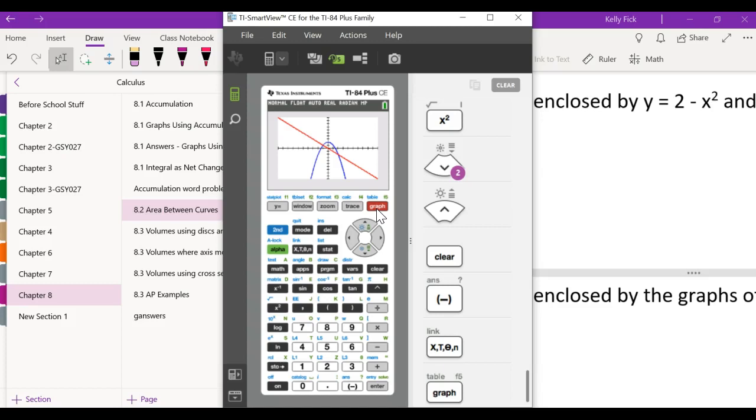Now remember, it's top minus bottom. So in this picture, the blue one is on top the entire time, correct? Okay? Like here's my red line, it's above it. Like location-wise, here blue is on top, here red is on top. Okay? So blue is on top.